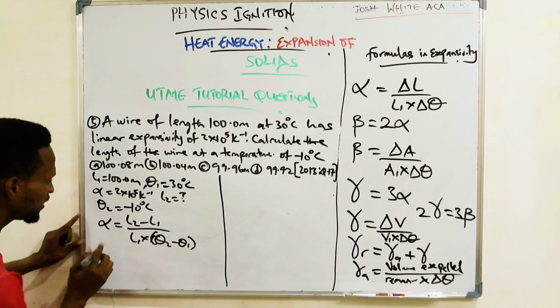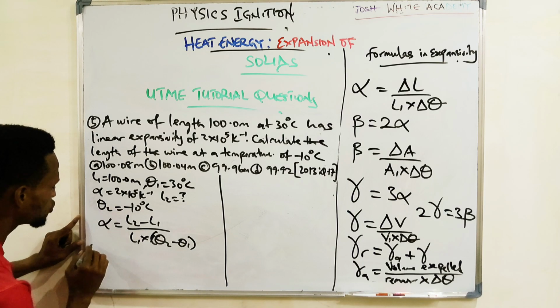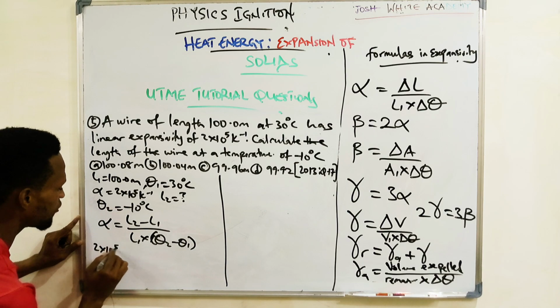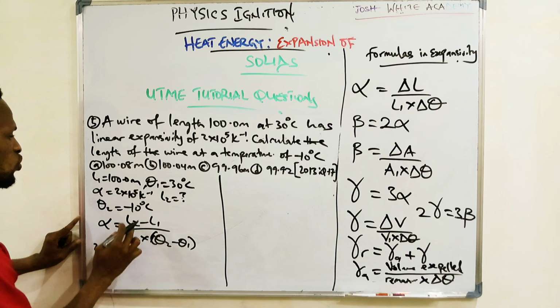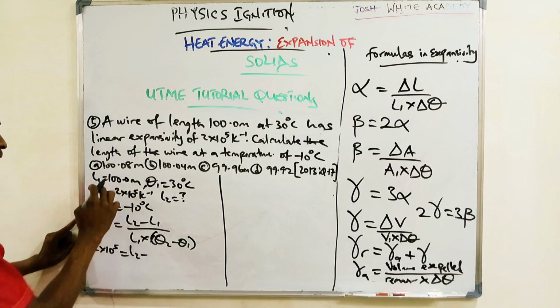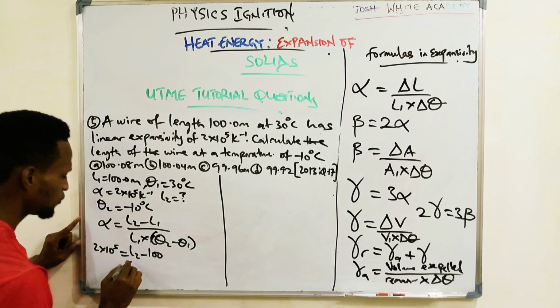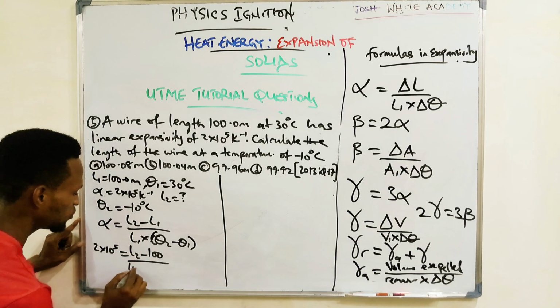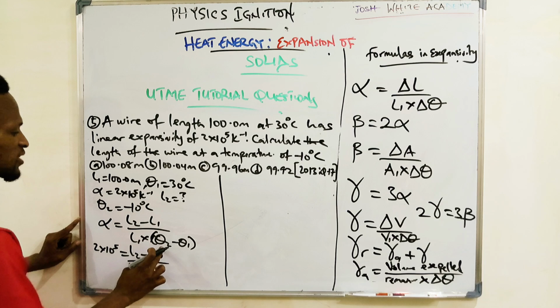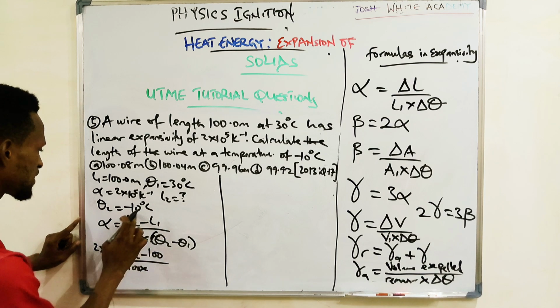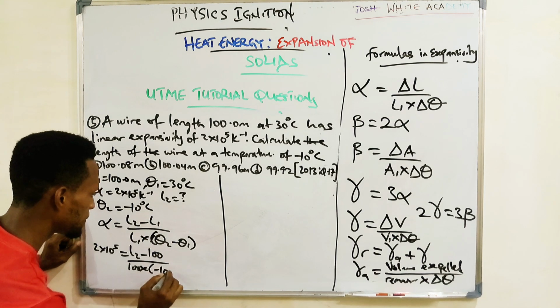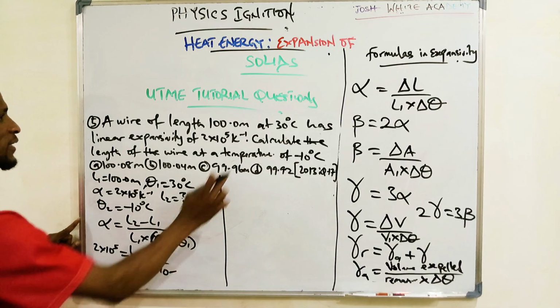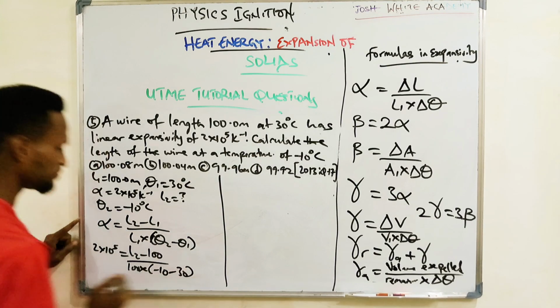Our linear expansivity is 2 times 10 to the power of -5. Our L2 is what we are looking for. Our L1 is 100, multiplied by θ2, which is -10, minus θ1, which is 30.